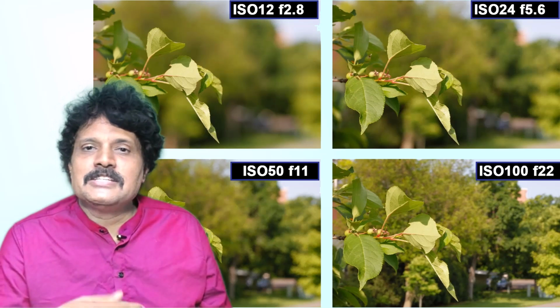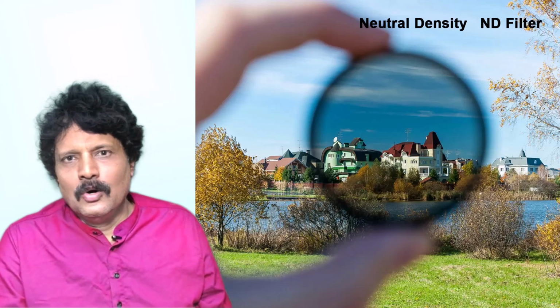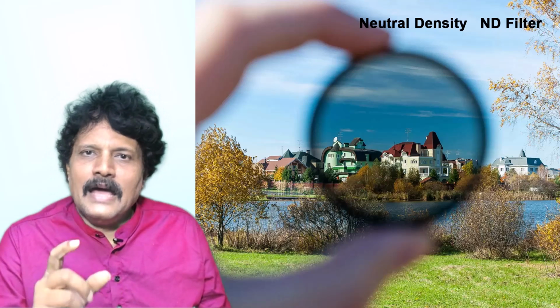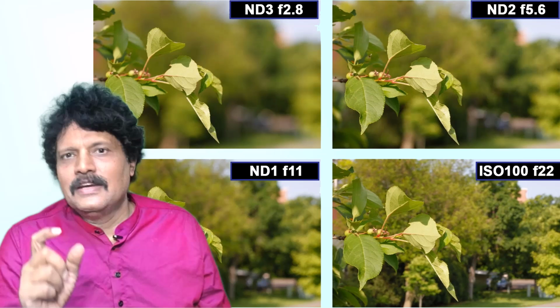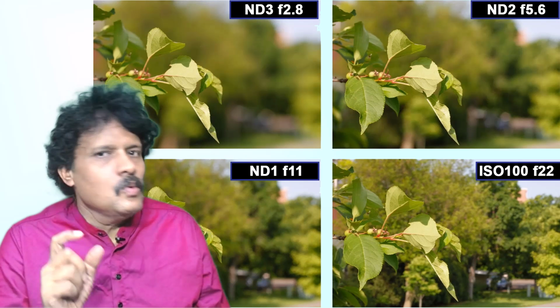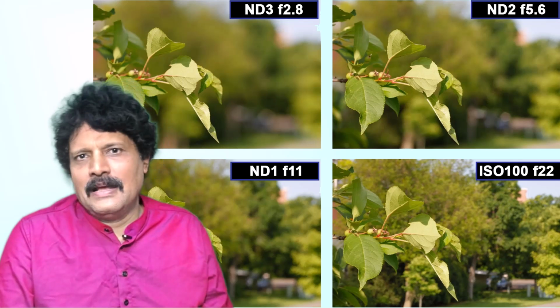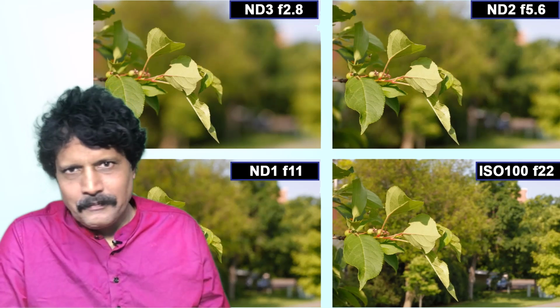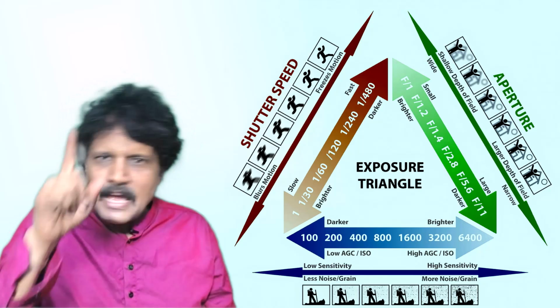So, in these cases, we use a kind of filter called diffusion filters. These filters diffuse the light. So, in bright sunlight, if you want to shoot with aperture 2 or 2.8, in front of our lens we use this diffusion filter and take the picture. So, we have just now understood this exposure triangle.